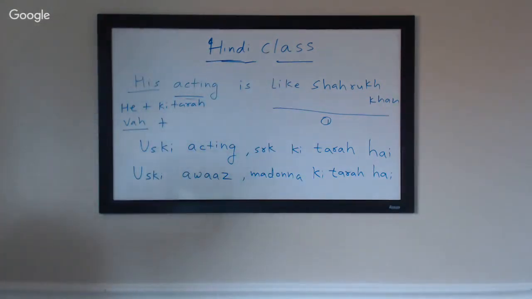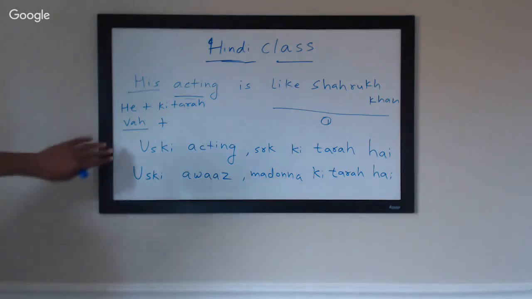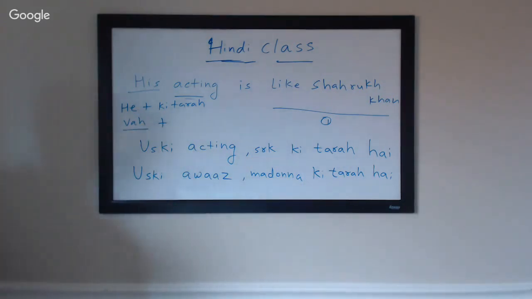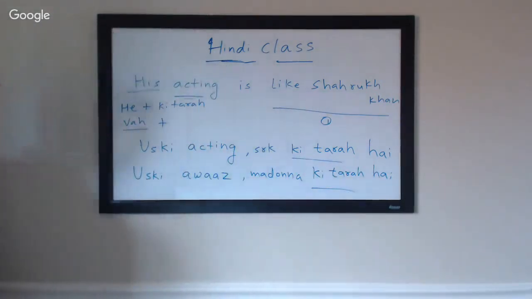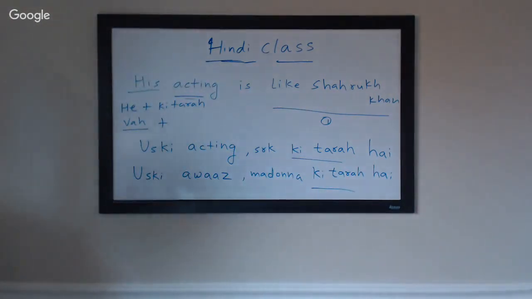I hope it is making sense. Let me know if there are questions and I can clarify those. But the whole point of using की तरह is when you're trying to compare, or to say that the guy appears like someone or sings like someone or looks like someone.